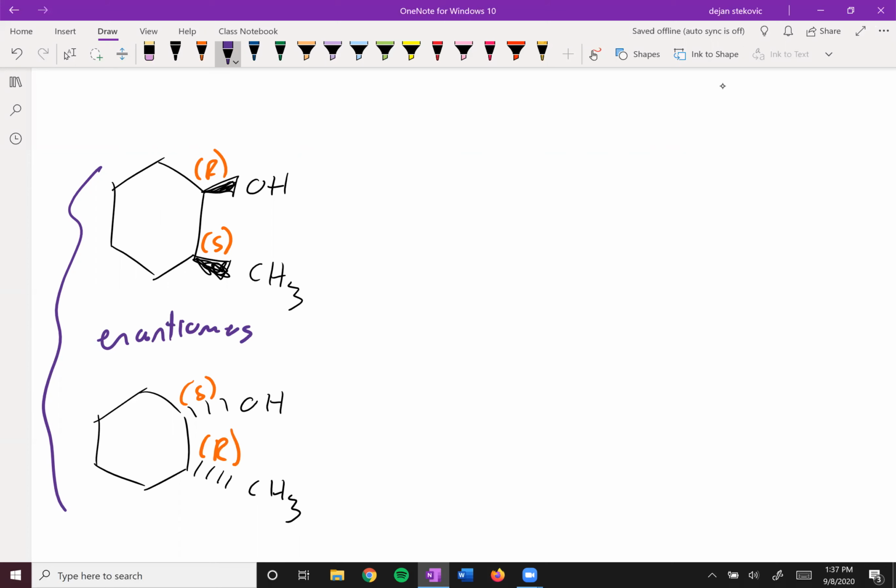If you think about it, they are indeed mirror images, but they are not superimposable. So they are enantiomers of one another. But we could draw other versions of this cyclohexane with an alcohol and methyl substituent. So for example, we could draw this, right?